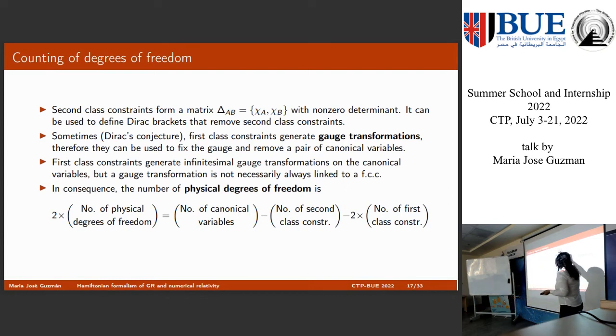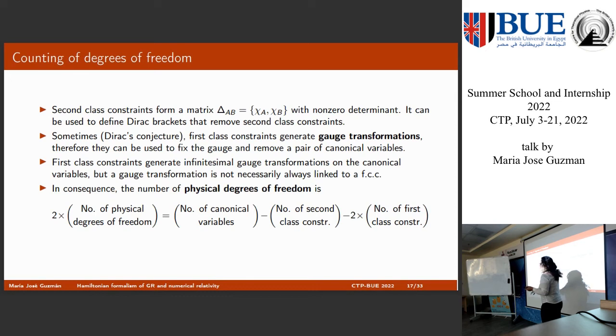If you apply this procedure to general relativity, you will find a set of first-class constraints, and these first-class constraints generate diffeomorphism transformations on the metric. So you can count the physical degrees of freedom of any theory by counting the number of canonical variables, which come in pairs because you have one momentum and one q.